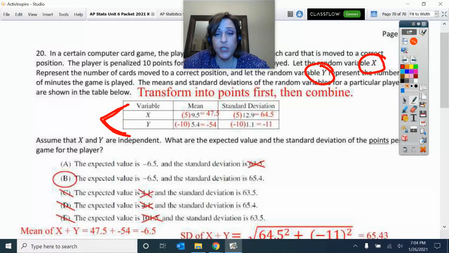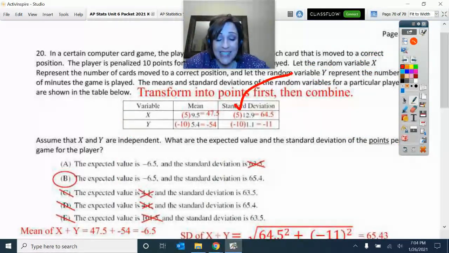Based on those, you then need to transform this into points, because the question is about the standard deviation for points. So make sure you change X and Y over to points before you compute. That's what I did.